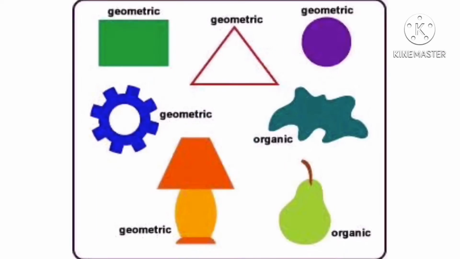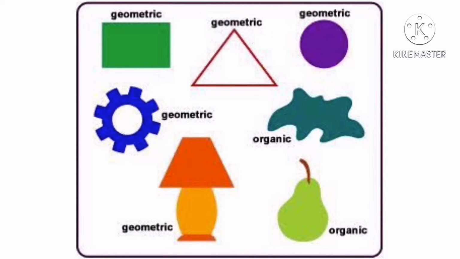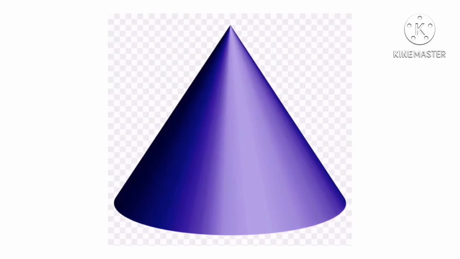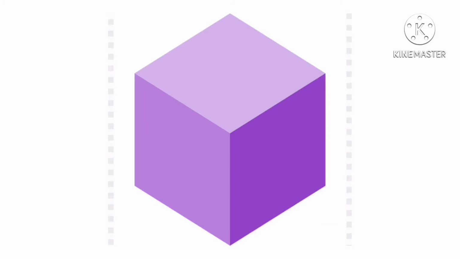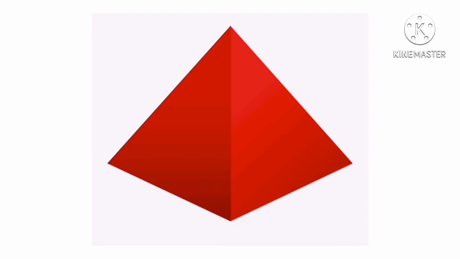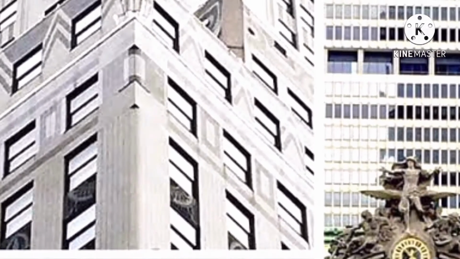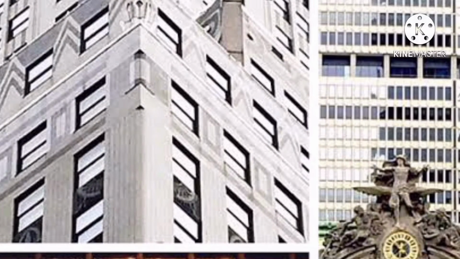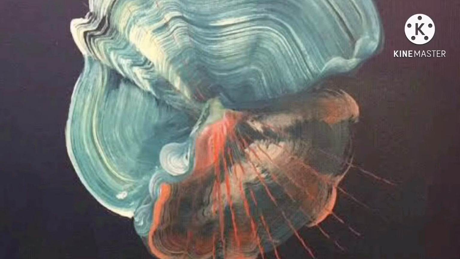There are two types of form: the geometric form and the organic form. The geometric form has a specific name such as cone, cube, or pyramid. They are typically man-made, while the organic form doesn't have a specific name.